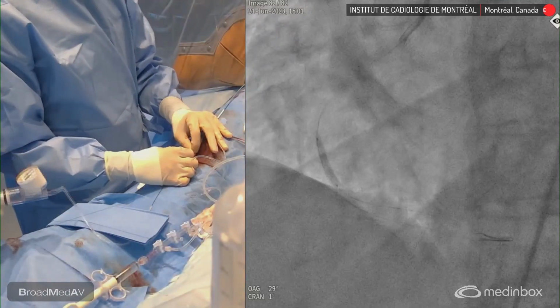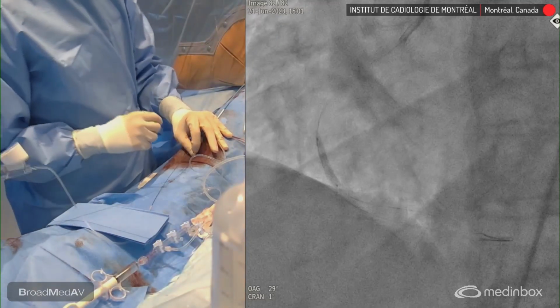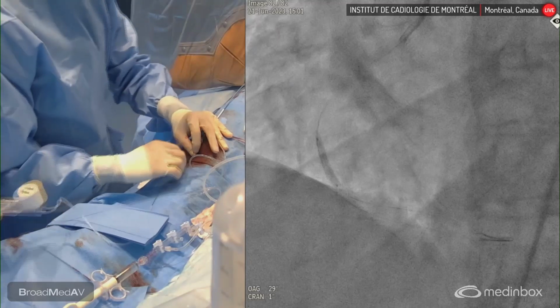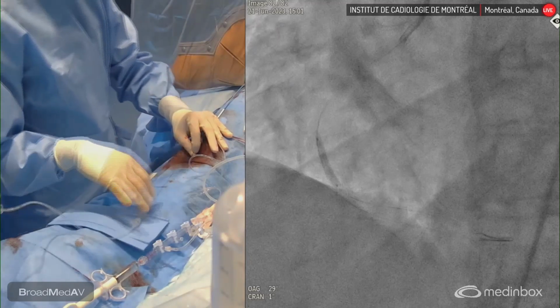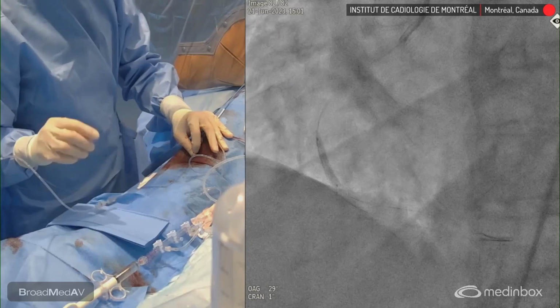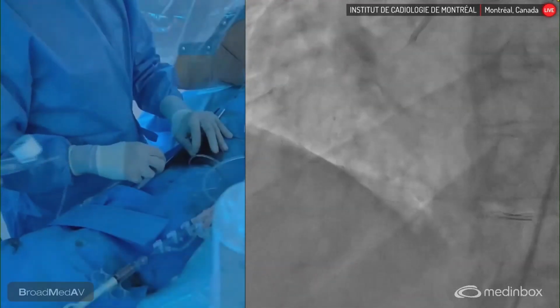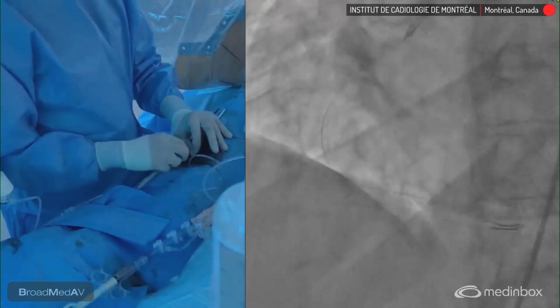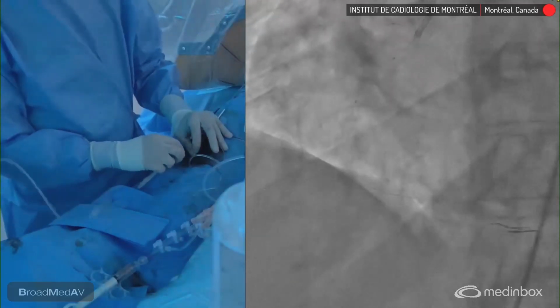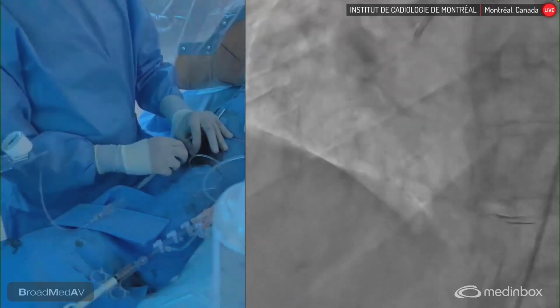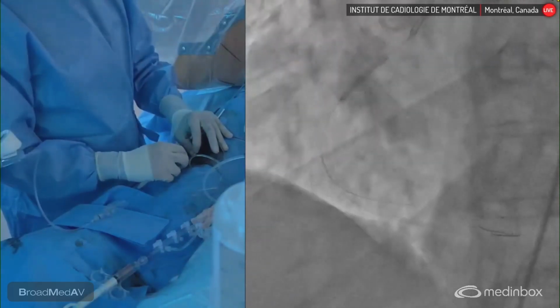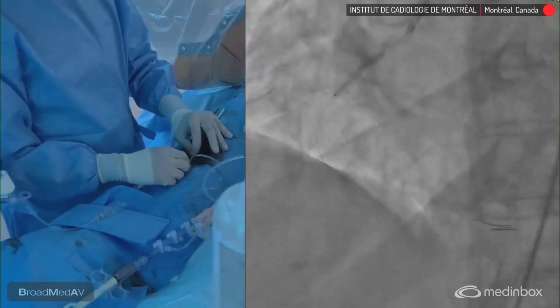If you're subintimal, you can re-enter somewhere else and jail that tip. This I've actually used and it has resolved issues for me. You can leave the broken tip inside the false lumen, inside the arterial wall, with no particular issue. Yep, definitely. And you can just jail it and leave it there if you manage to gain access.